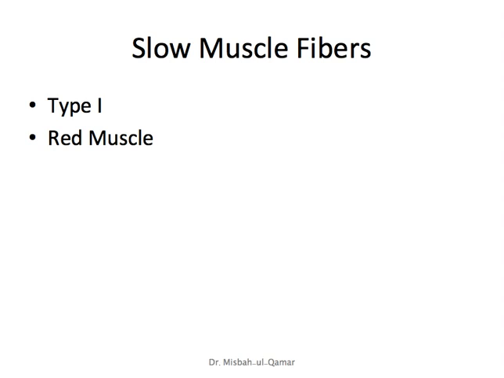Slow muscle fibers have comparatively lower myosin ATPase activity, resulting in slower twitches, slower contractions of these fibers. These slow muscle fibers are also called type 1 fibers, or red muscle. These slow muscles have smaller fibers, a more extensive vascular system, and their resistance to fatigue is high.